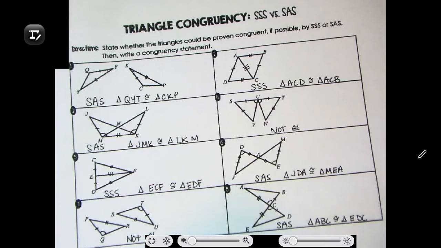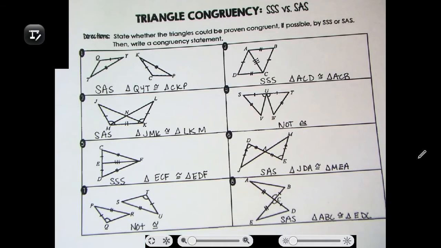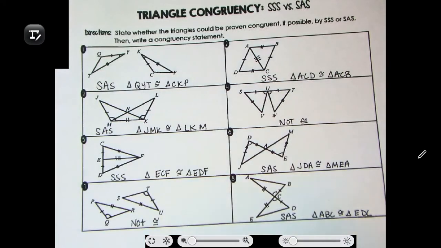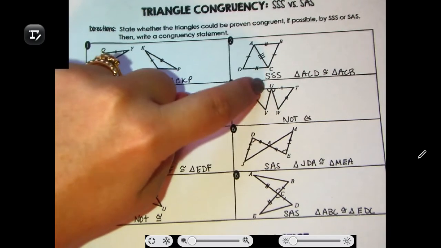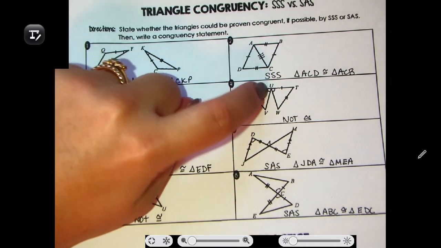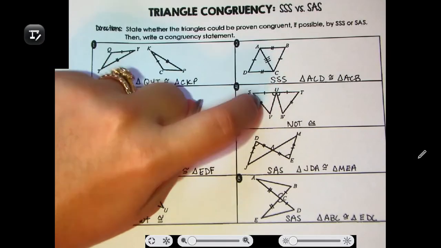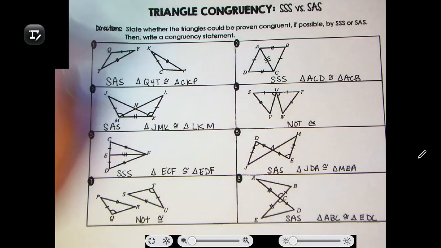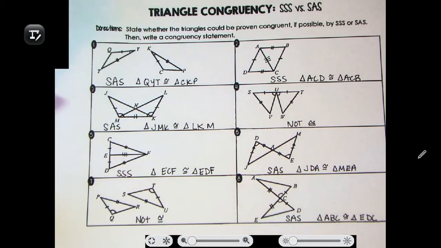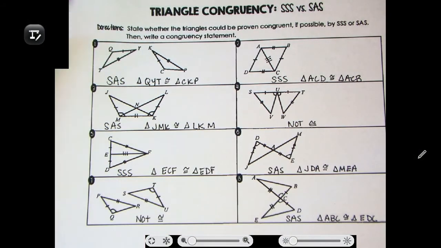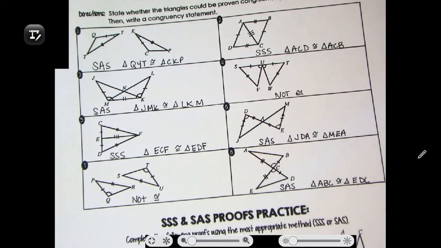On number 4, we actually cannot prove that those are congruent. That might have been confusing at first. You can see that you have these 2 sides and you have an angle, but they're not in the proper order. So here's how I can read that: side, side, angle, SSA, or sorry, ASS. We can't have ASS. So you cannot prove that those are congruent.